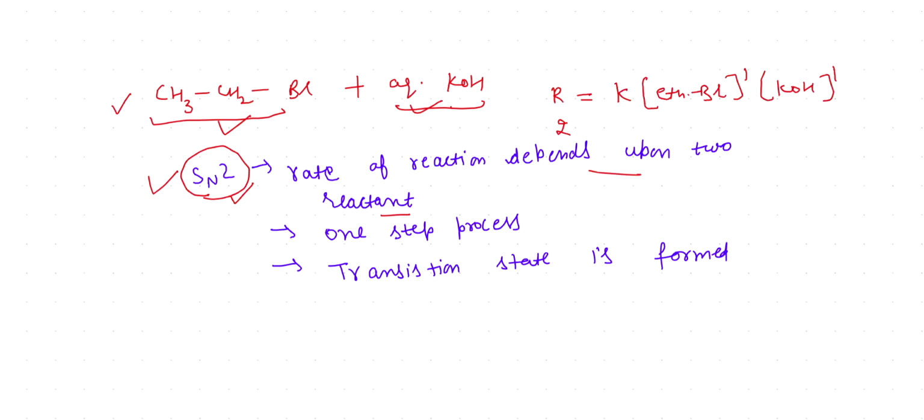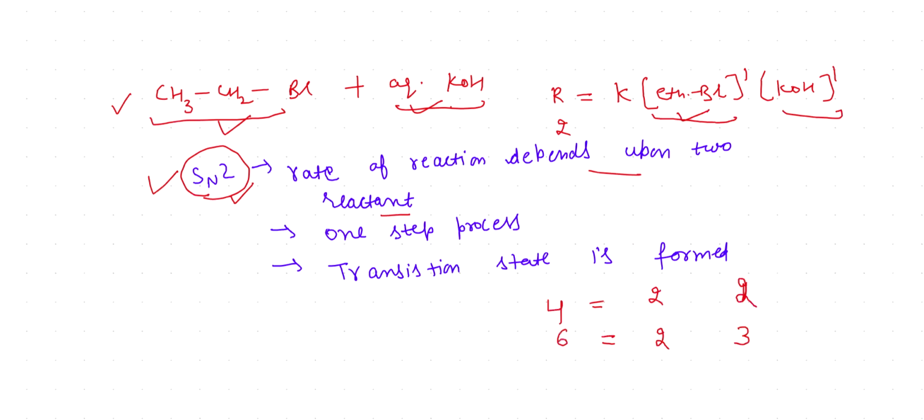If I double the concentration of ethyl bromide and also the concentration of potassium hydroxide, then the rate of reaction will become 4 times. If the concentration of ethyl bromide is 2 times and the concentration of hydroxide is increased by 3 times, then the rate of reaction will become 6 times.